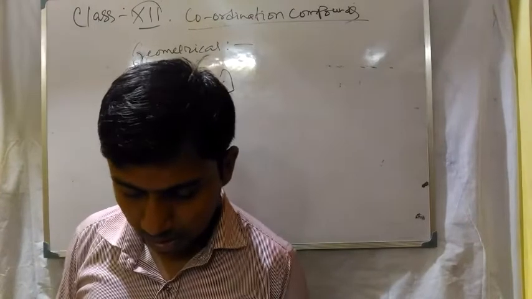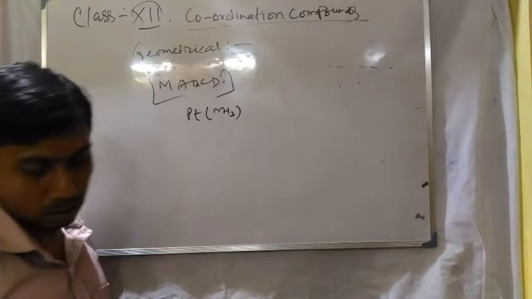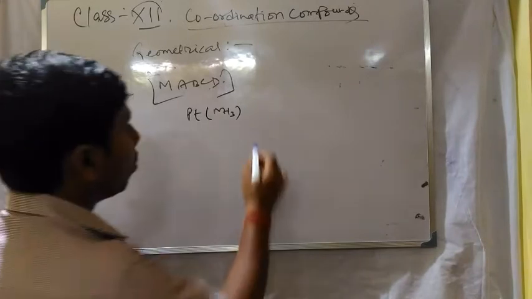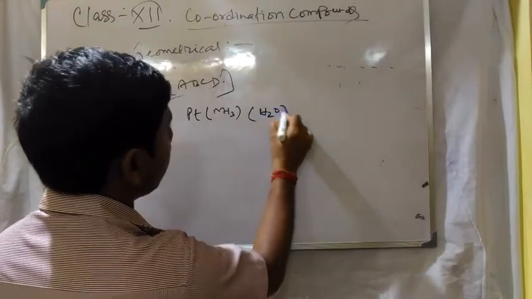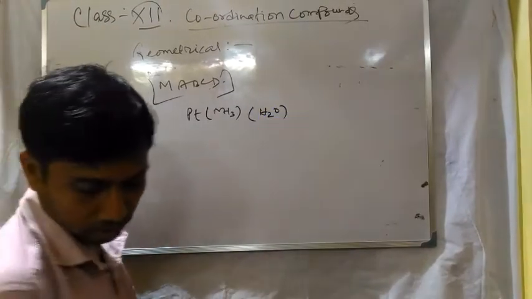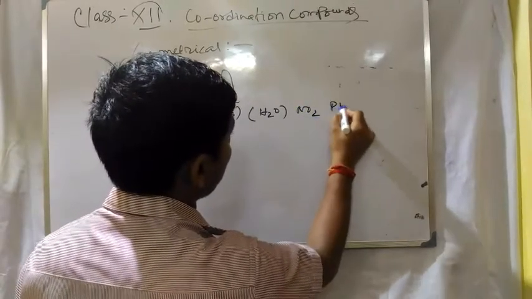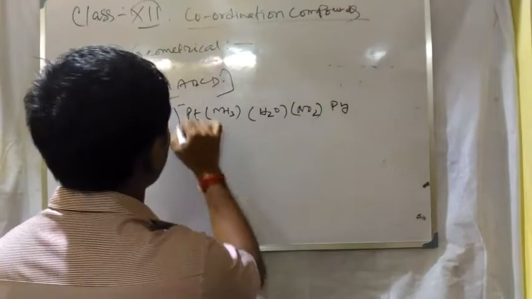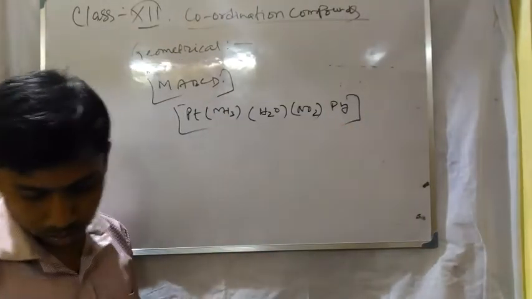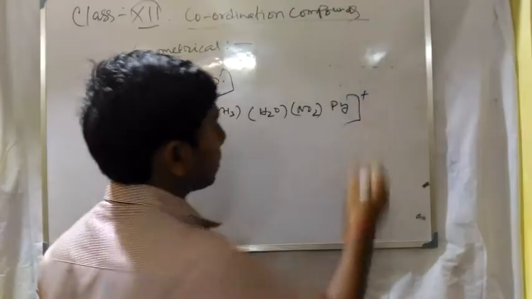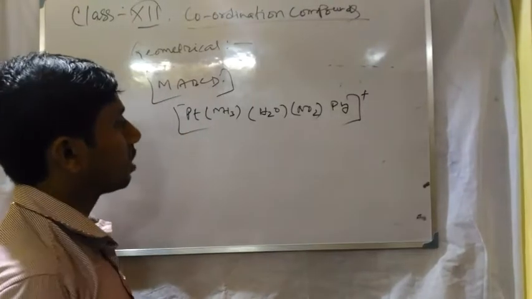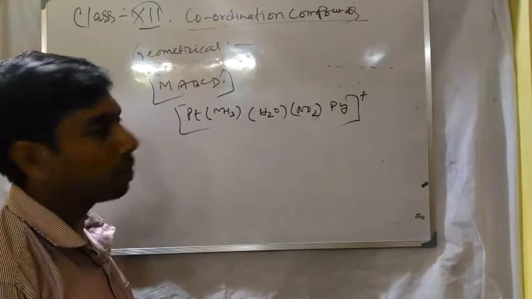One example of this is platinum NH3, H2O, Cl, NO2, Py. Overall charge is plus. So it is an example of an MABCD type complex.